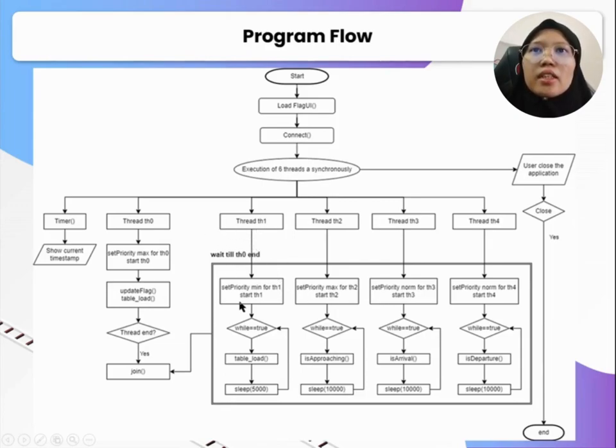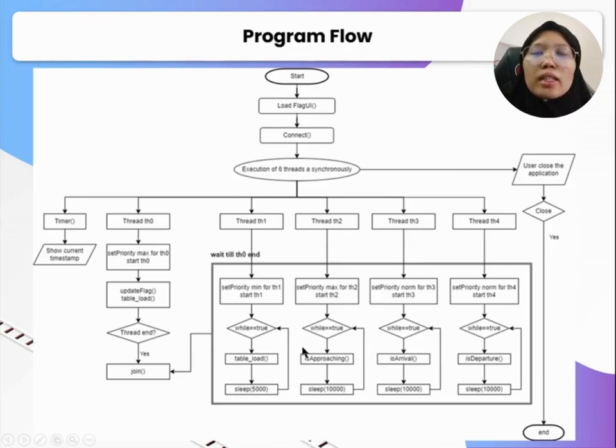For thread TH1, I set priority min, then start TH1. In this thread, while the loop is true, it will call table load and sleep for 5 seconds. Next, thread TH2: set priority max for TH2, then start TH2.